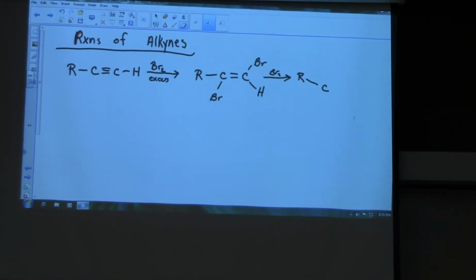Now let me clear this up a little bit. It was ugly. Okay, so just to clarify a little bit here, here was the carbon-carbon triple bond bound to an R group, bound to an H. We get breaking of both pi systems and the addition of 2 moles of bromine.